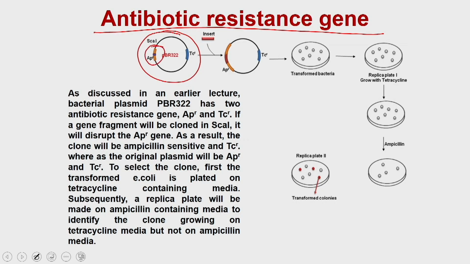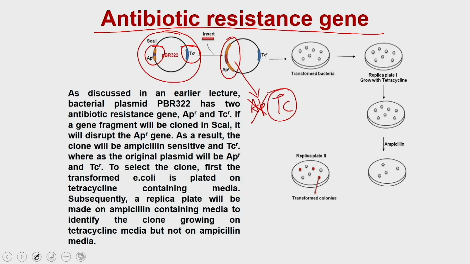One is called the ampicillin resistance gene and the other is called the tetracycline resistance gene. Suppose you have cloned an insert within the ampicillin resistance gene, which means this fragment is going to have no resistance to ampicillin, but it is going to have resistance to tetracycline.